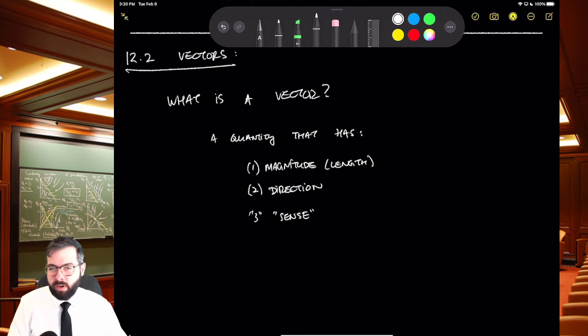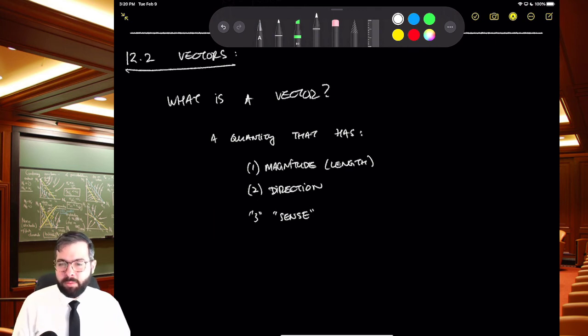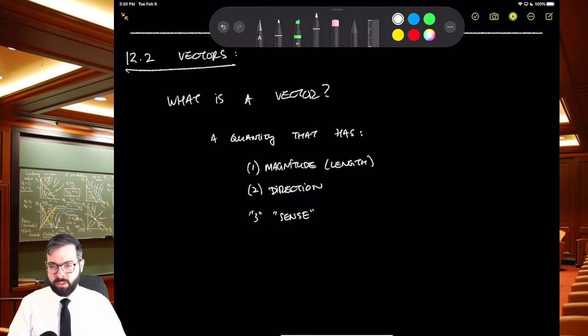You don't hear this very much anymore. It's kind of old school, but sometimes it comes up as being helpful in orienting ourselves, because once we get into oriented surfaces and all sorts of stuff, we're going to be a little bit turned on our heads. So that's just a little foreshadowing for later. But really, you can just think of it as having magnitude and direction.